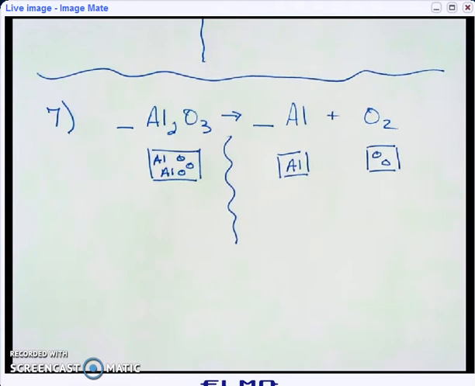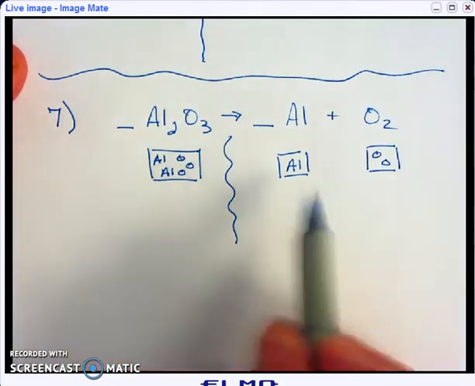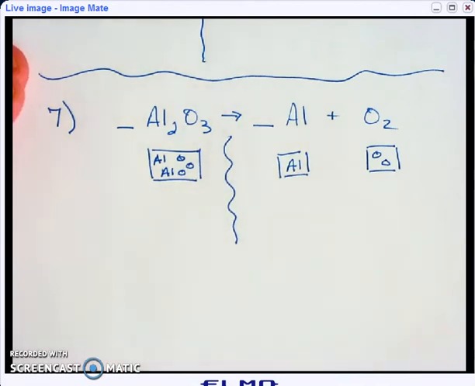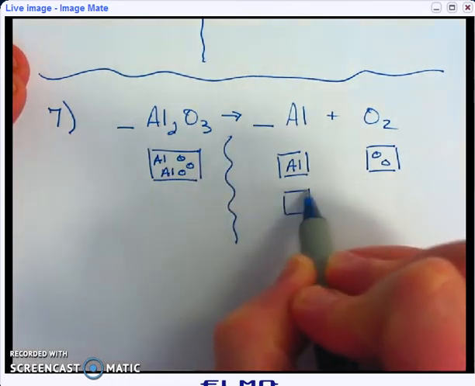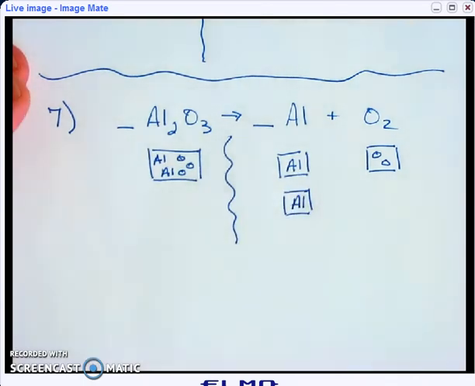Okay, so let's get people involved here. Pick somebody else. Virginia, where do you want to start? Yeah, let's clone one of the boxes to try to start equaling things out. What do you want me to add? Okay, we can add another aluminum. It gives me 2 aluminums on the left and 2 aluminums on the right.